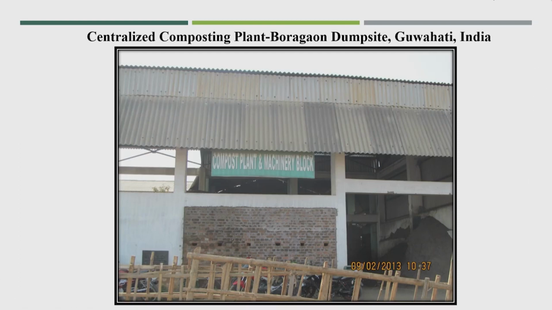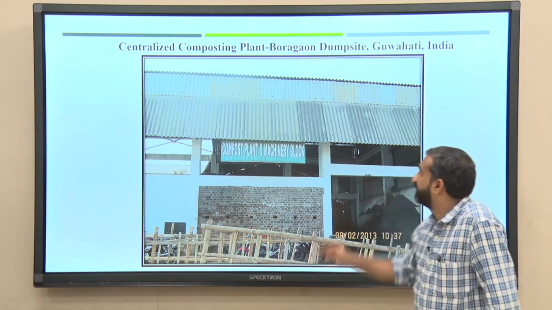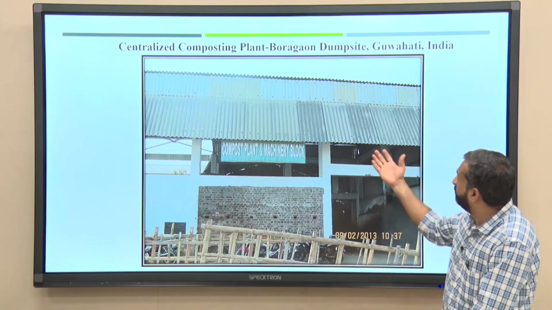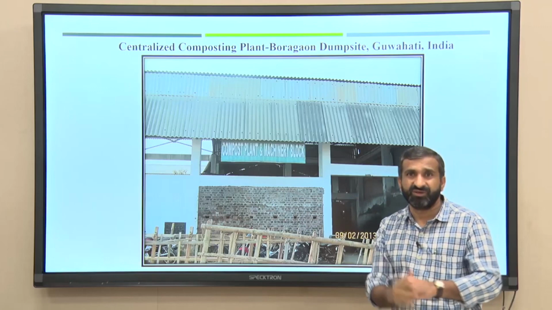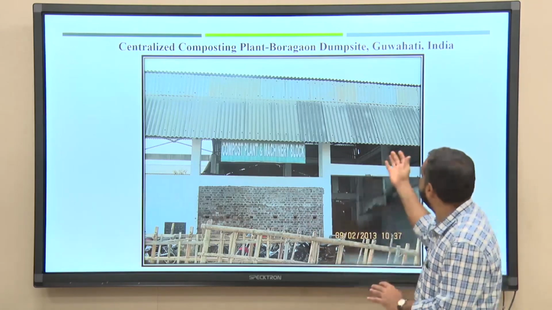So here the first case I am explaining is a centralized composting facility. I take the example of the centralized composting plant at the Boragaon dump site of Guwahati, in the northeast state of Assam.